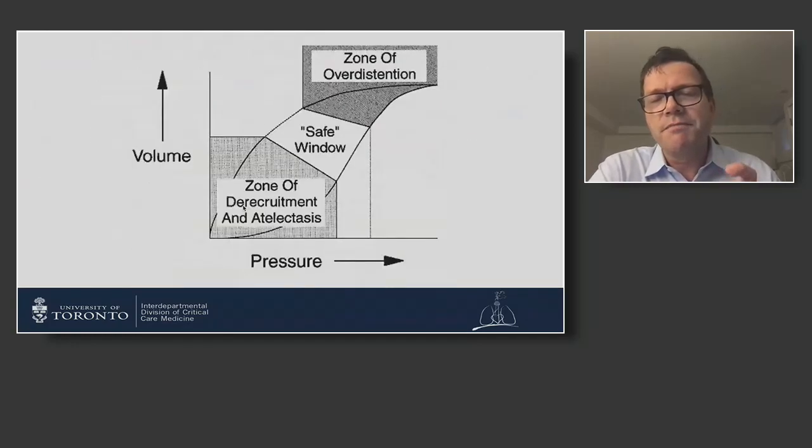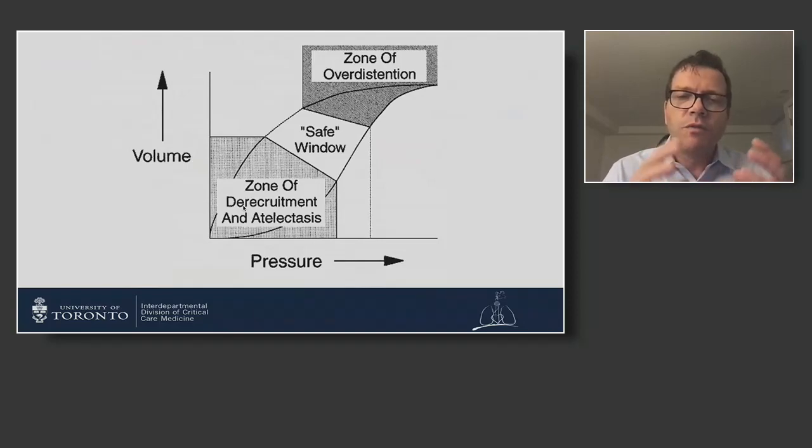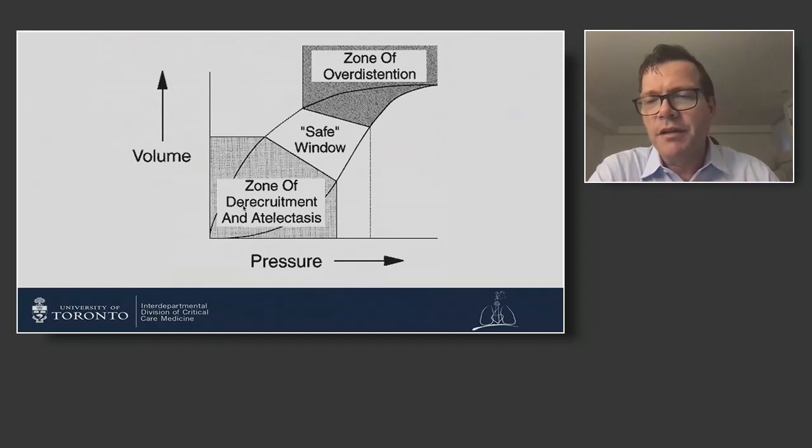I just want to make the point that we're using PEEP often to improve oxygenation, but also to avoid a lot of atelectasis and de-recruitment, which makes the available lung for ventilation smaller and more at risk of overdistension.